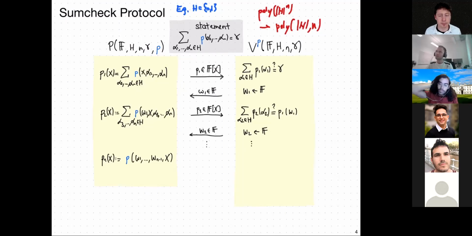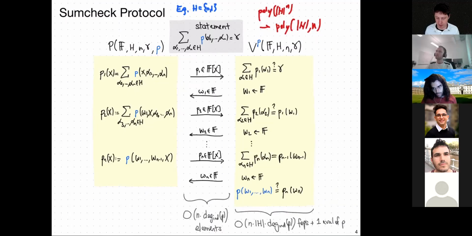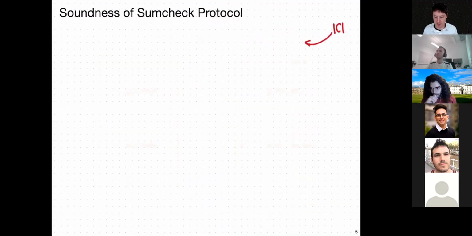Excuse me? The degree of all the Pi's is bounded by this individual degree of the original P? Correct, exactly. That's why it appears in the expression. They are the ones that participate in the consistency checks, which ultimately determine soundness.